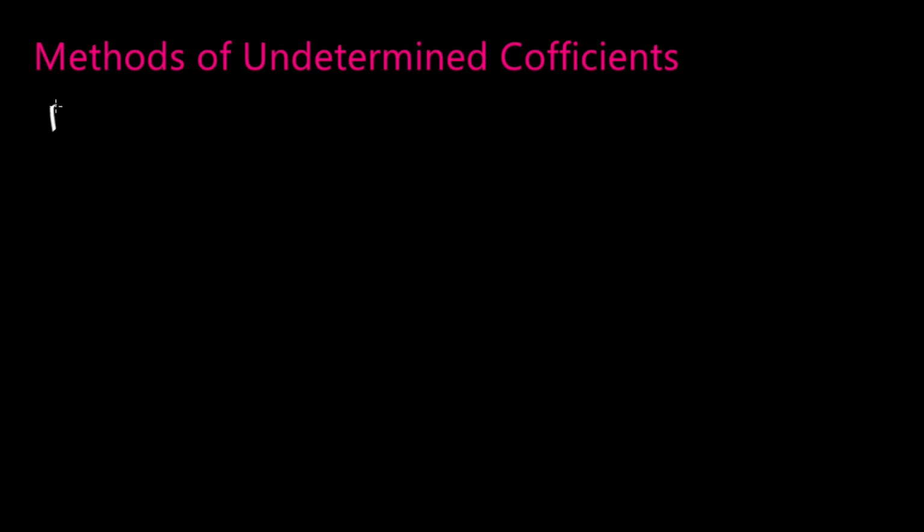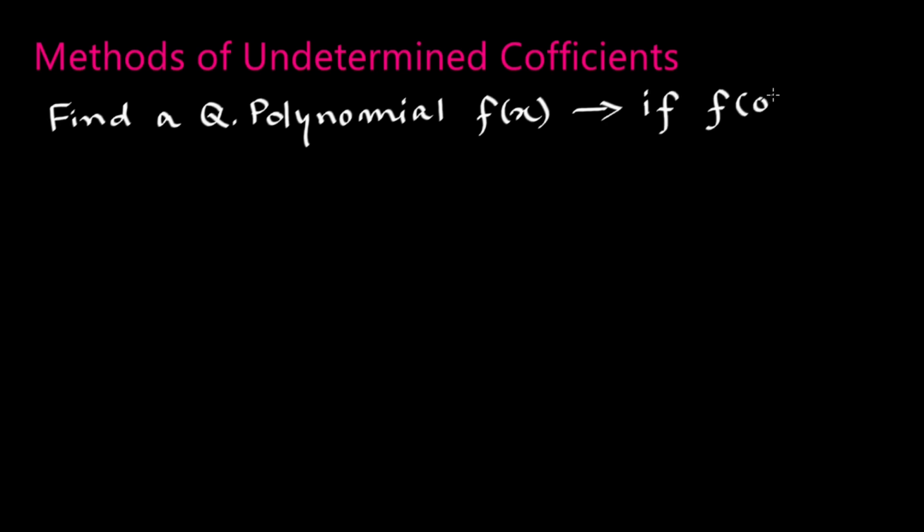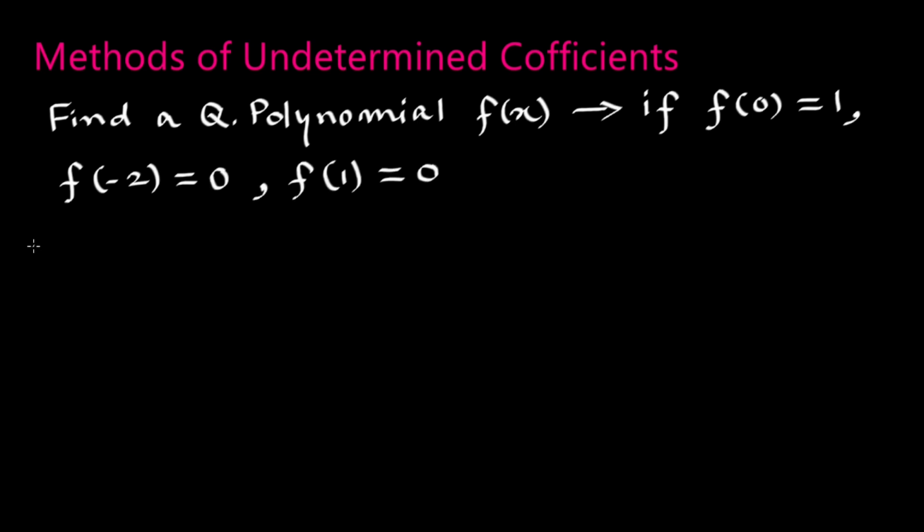Find a quadratic polynomial f(x) if f(0) is 1, f(-2) is 0 and f(1) is 0. We will start by assuming the polynomial f(x) to be ax square plus bx plus c.